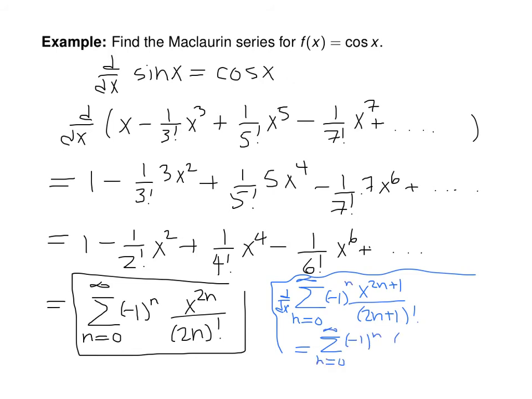It's just a constant, but you would have had 2n plus 1 x to the 2n, because you would have taken 1 away from the power, all over 2n plus 1 factorial, and you would just have to notice that 2n plus 1 factorial is 2n plus 1 multiplied by 2n factorial, and you would get the same thing.